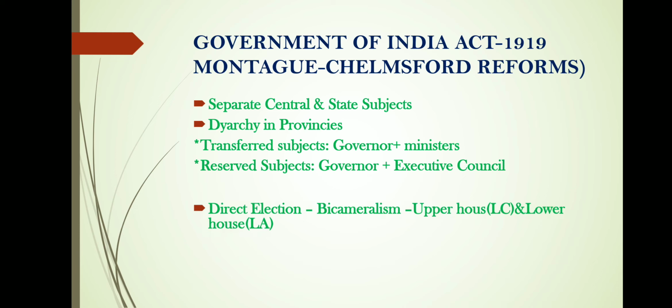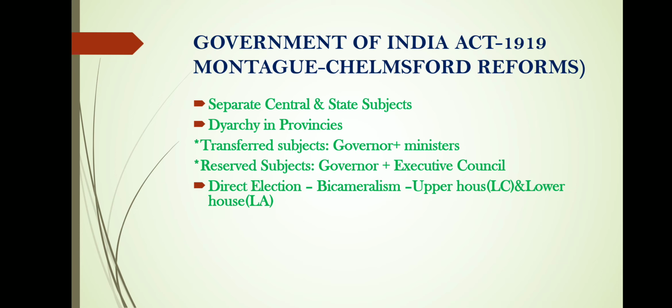So the next point is direct elections. It introduced for the first time bicameralism and direct elections in the country. Thus the bicameral legislature consisted of an upper house, the Council of State, and a lower house, the Legislative Assembly.